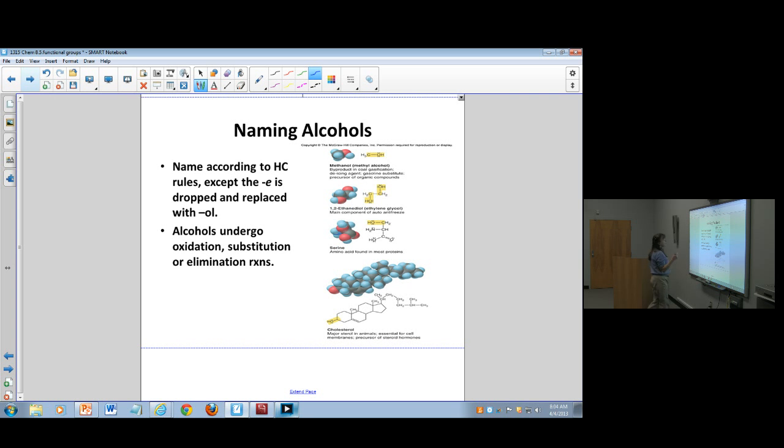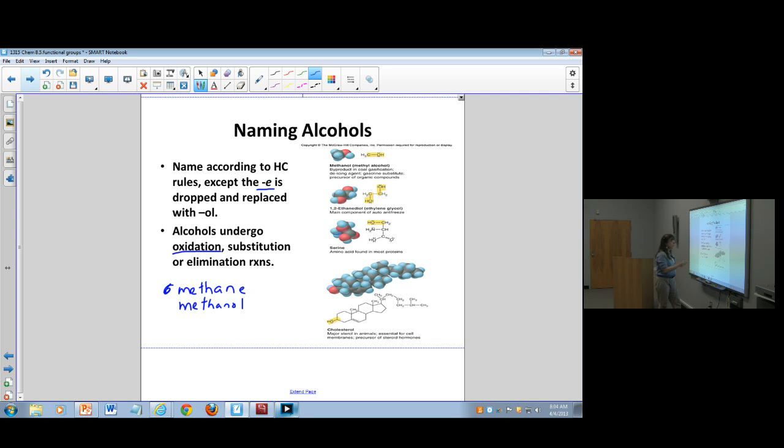And I told you that I don't really expect you to name the alcohols, but do remember you replace the E, for example, instead of having methane, you would have methanol. And we're going to see alcohols undergo some oxidation reactions here.